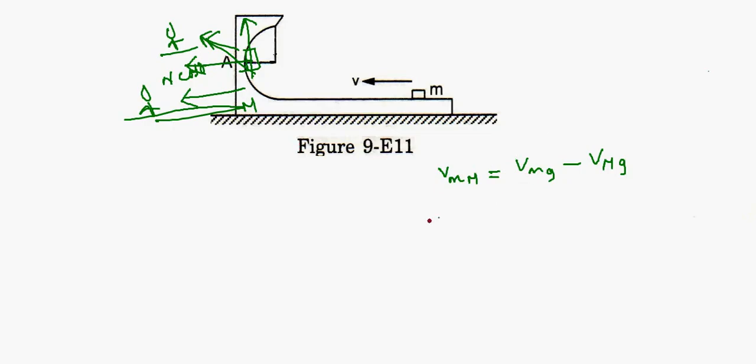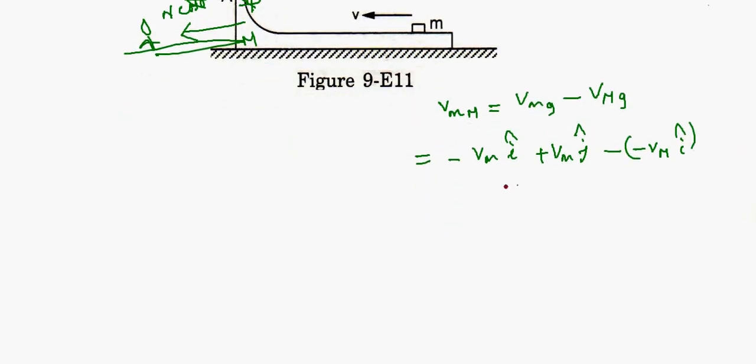So this Vmg is minus Vm i cap, as it is in the negative direction, plus the vertical component Vm j cap. This is minus Vm i cap plus VM i cap plus Vm j cap.